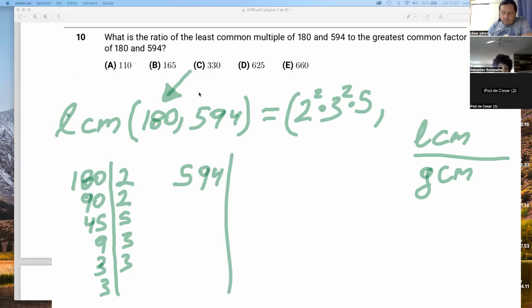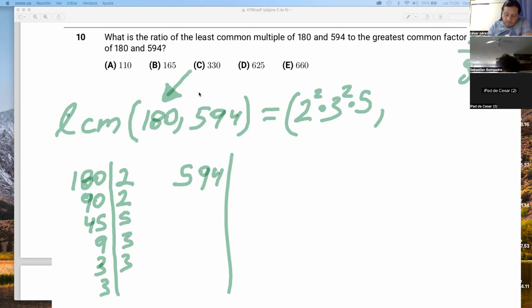Now we are going to factor 594. Vamos a factorizar 594. It's divisible by 2. Okay.